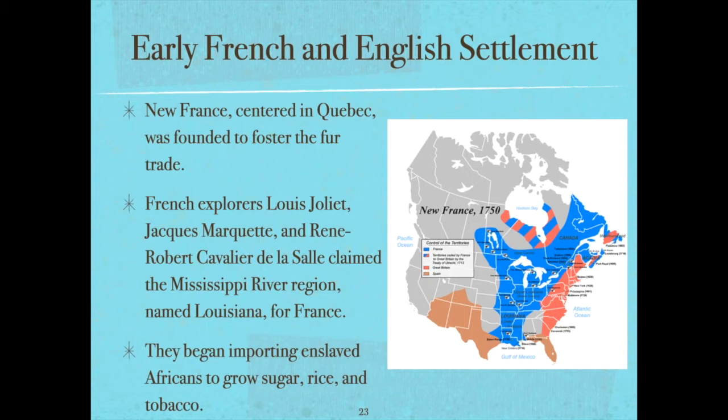French explorers Louis Joliet, Jacques Marquette, and René Robert Cavelier de la Salle claimed the Mississippi River region, named Louisiana, for France. They began importing enslaved Africans to grow sugar, rice, and tobacco.